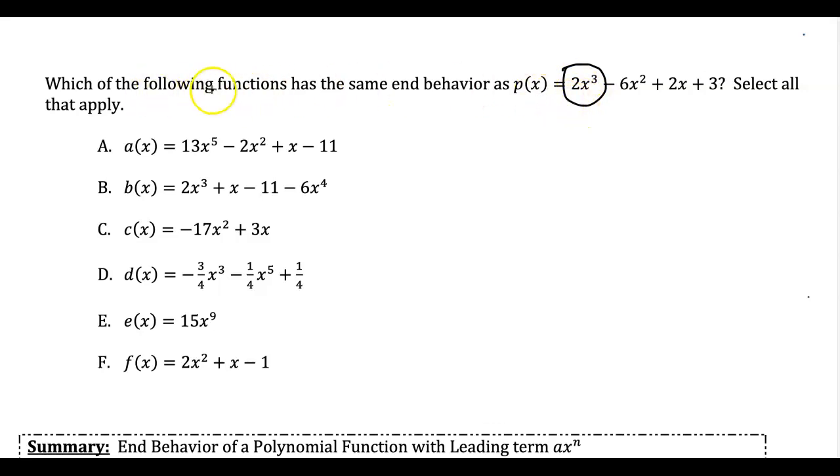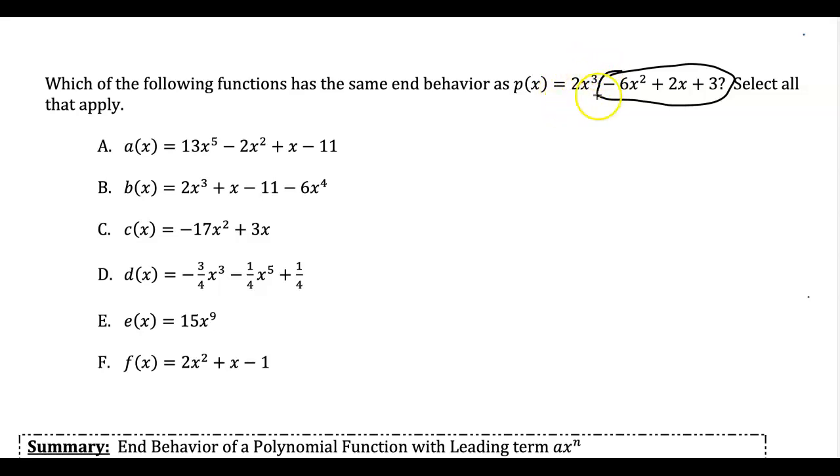So if we want to know which of the functions has the same end behavior as this polynomial, 2x cubed minus 6x squared plus 2x plus 3, we don't even have to consider all of these other terms. Those are kind of extraneous. As x gets infinitely large, in the negative direction or positive direction, the rest of these terms will be overshadowed by the leading term.